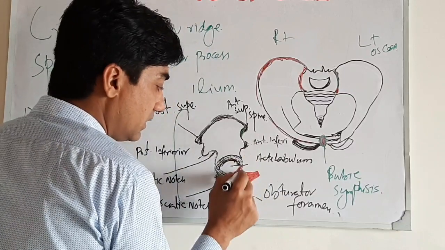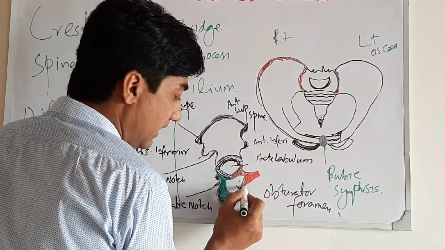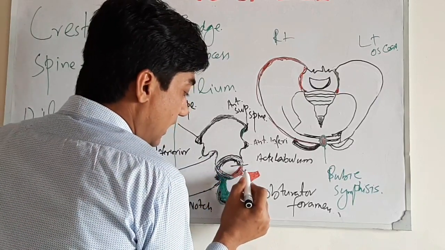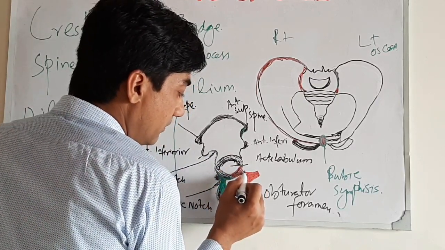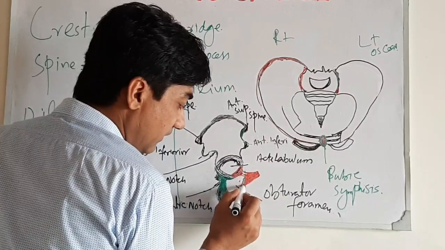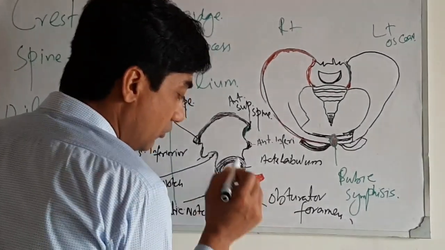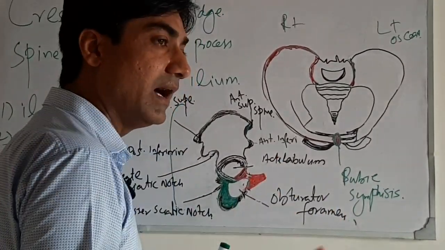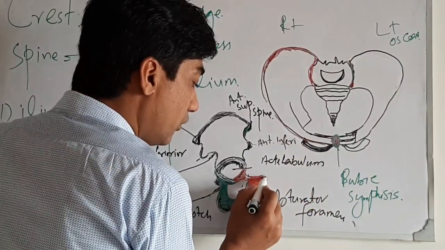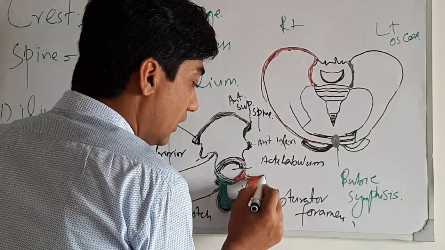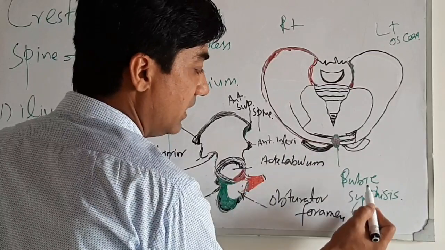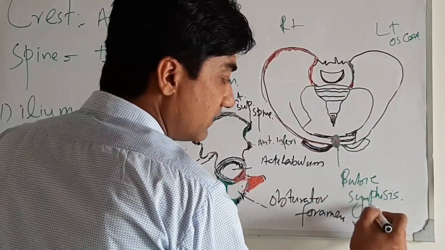One is the superior brim, and here is the inferior brim. The superior brim is called the superior brim of the pubis bone, and here is the inferior brim of the pubis bone. And this pubis bone anteriorly unites with the other pubis bone of the os coxa and forms a joint with the help of fibrocartilage. This is called the pubic symphysis.